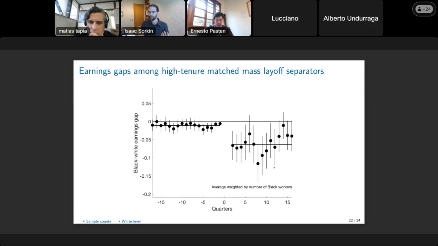Just to give you one number, the difference in difference is about 5.3 log points. The comparison I've mentioned before is that the unconditional earnings gap among high tenure workers is 16 log points. So this is large.